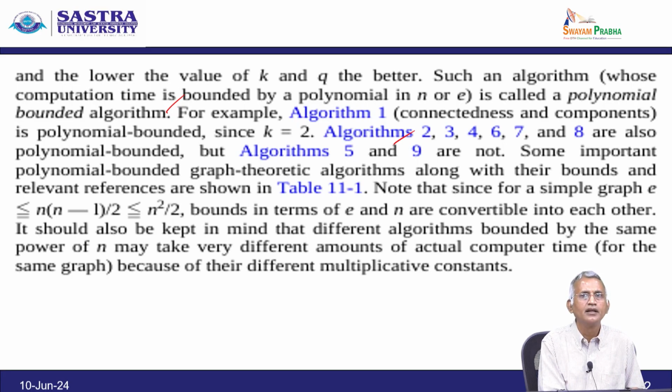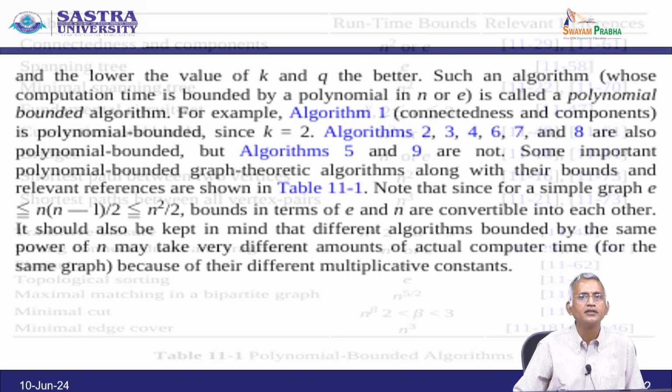Note that for a simple graph E is less than or equal to n(n-1)/2, which is less than or equal to n square by 2, so bounds in terms of E and n are convertible into each other. It should also be kept in mind that different algorithms bounded by the same power of n may take very different amounts of actual computer time because of their different multiplicative constants.